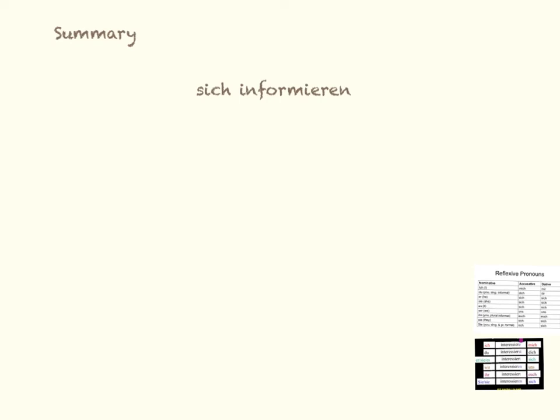So to summarise, reflexive verbs have to have reflexive pronouns. We are talking about these verbs being where you are doing something to yourself, you are informing yourself, you are deciding for yourself, you are washing yourself, showering yourself.